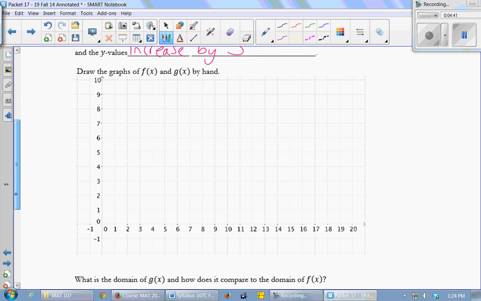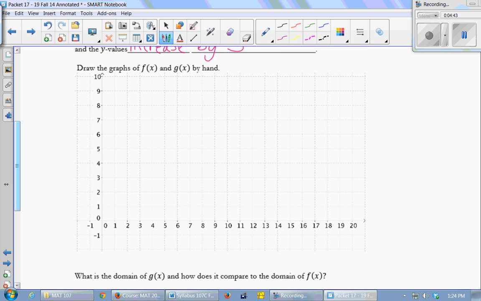So if I'm going to draw the graphs of f and g by hand, I should make a little table for x, f of x. And I'll pick some values for x that I can take the square root of. So let's see, things I can take the square root of would be 0, 1, 4, 9, 16.